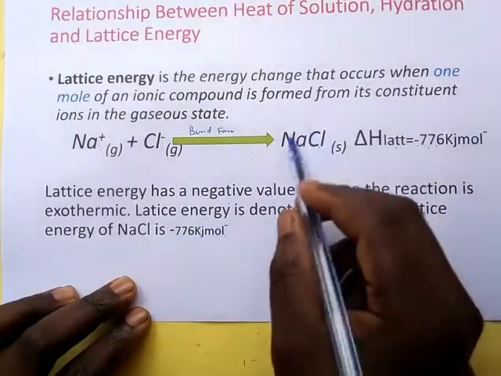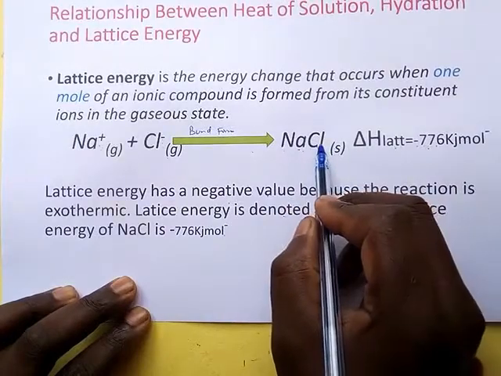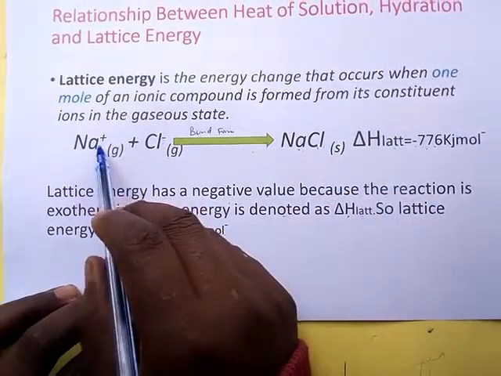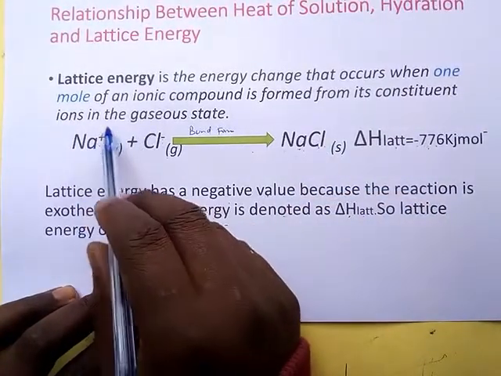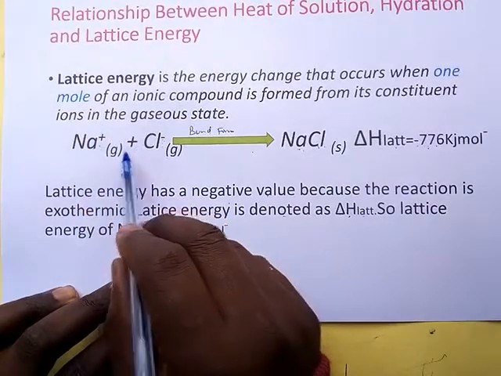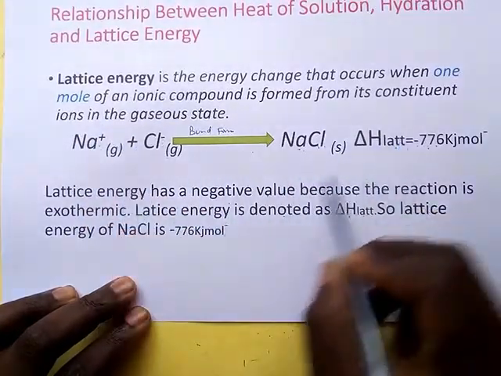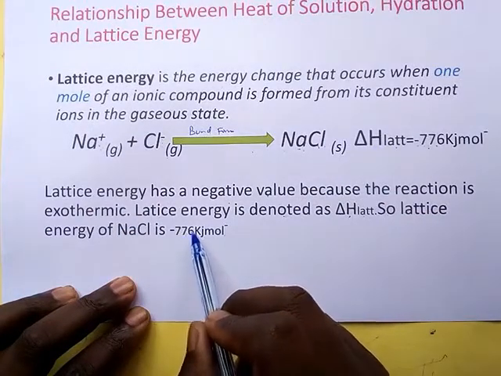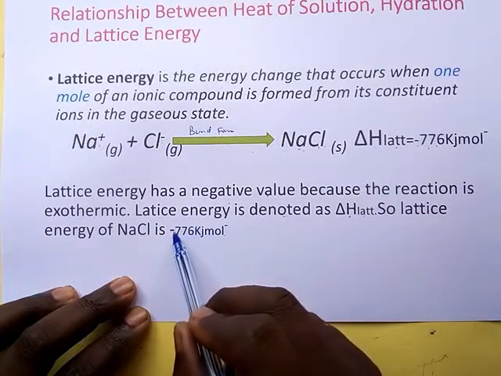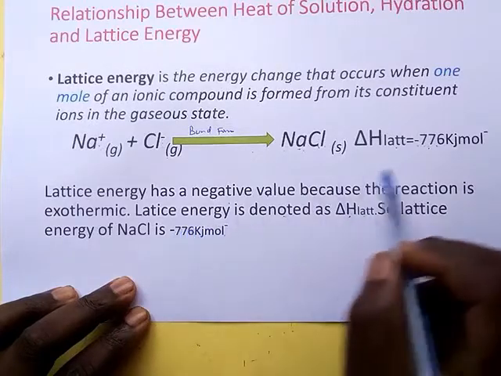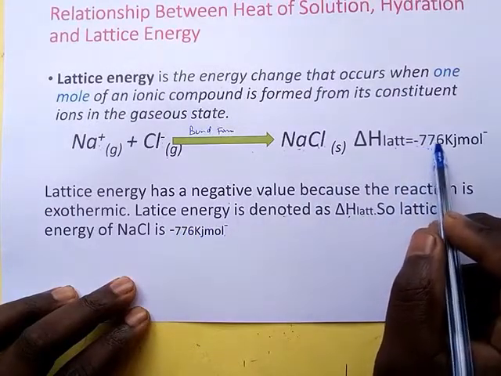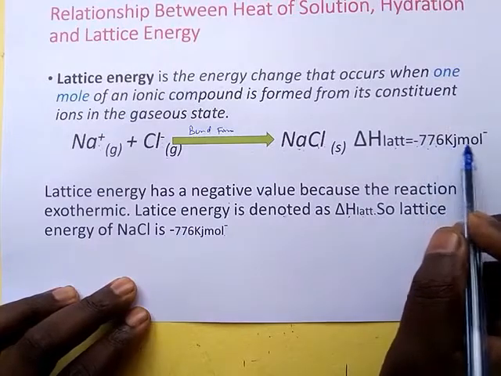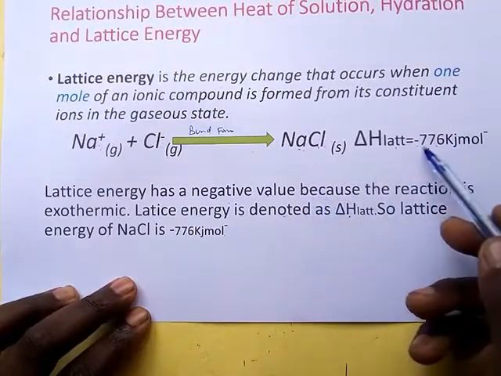So when sodium chloride is formed from its constituent ions in gaseous state, 776 kilojoules of heat is released. To release heat, it is exothermic.